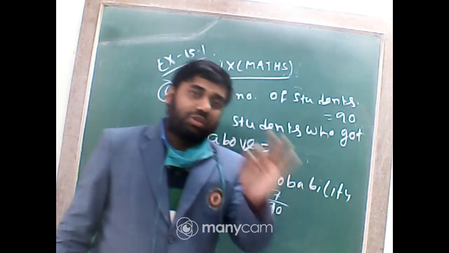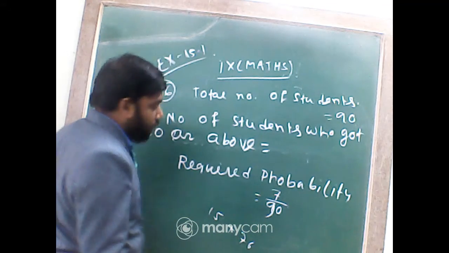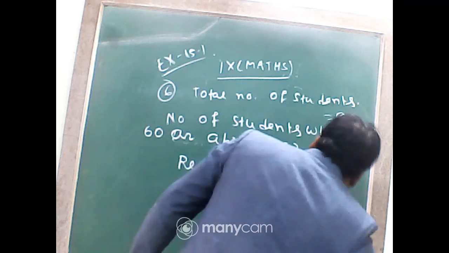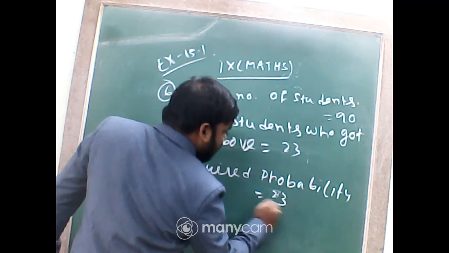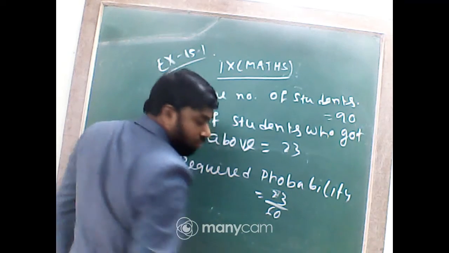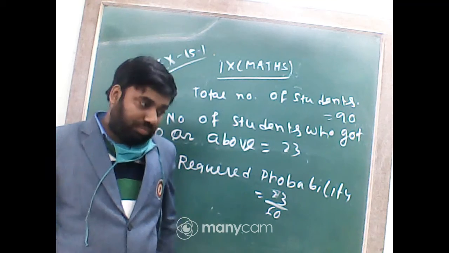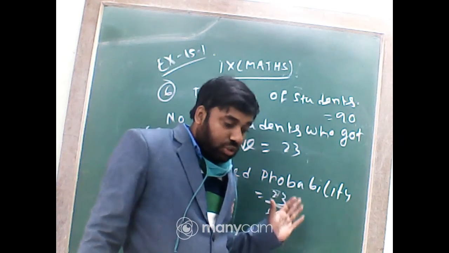So number of students who got 60% or above, that will be 15 plus 8 equal to 23, and required probability is 23 by 90. Got it, everyone? Okay, so required probability is 23 by 90.